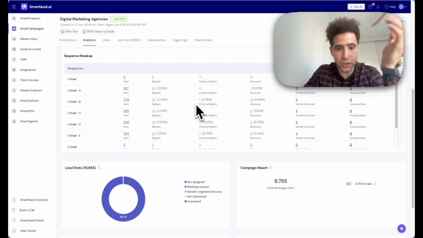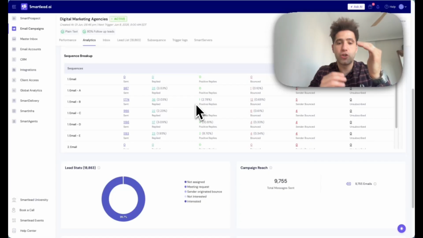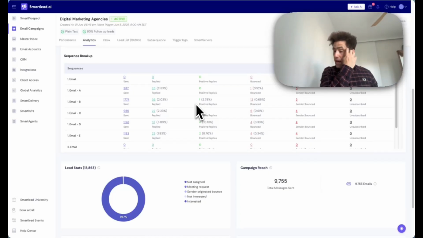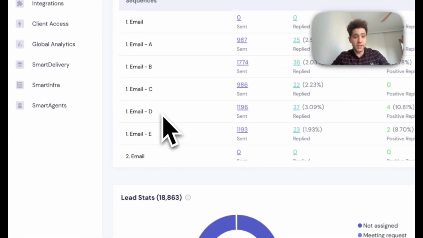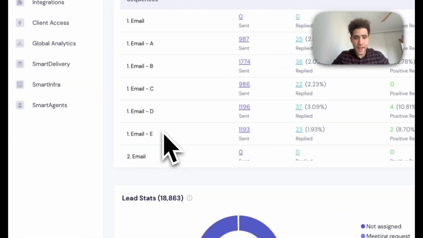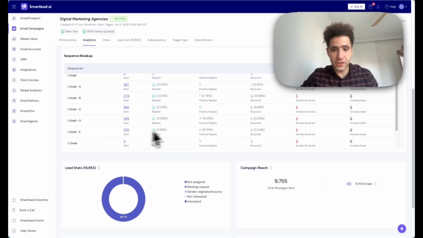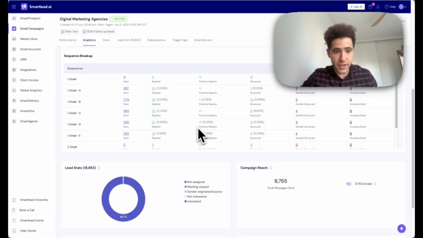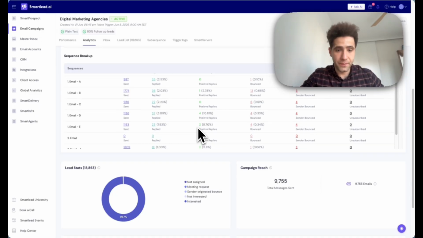So what I did was I went to the drawing board and I thought of 2 new emails coming at 2 different angles. And I just wanted to test it and see if it lands. And that's exactly what I did. So email D and email E were the new emails that I created. And as you can see, they've got a far higher positive response rate than the initial scripts that I had written.